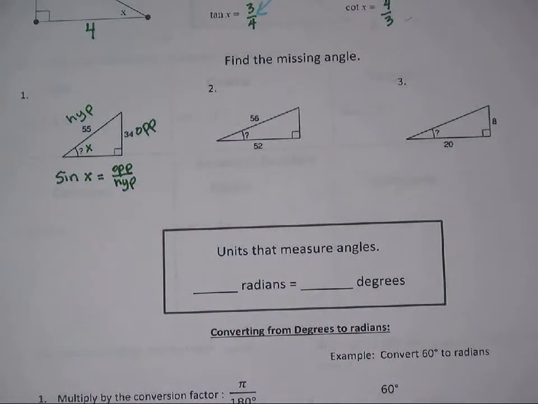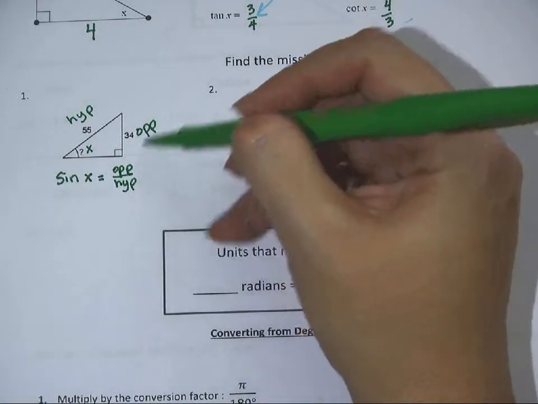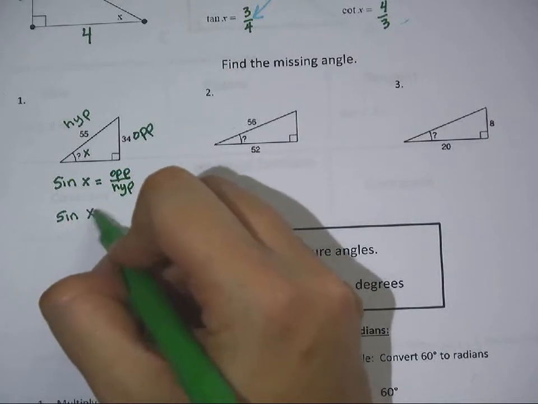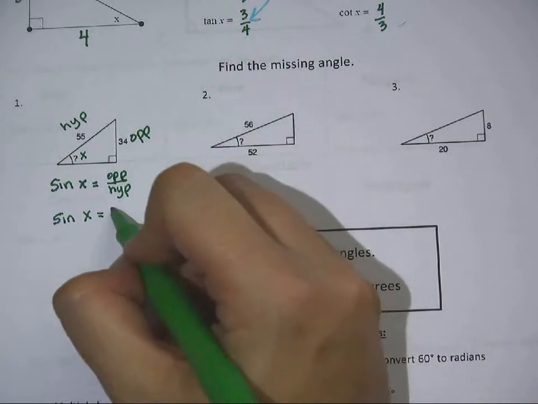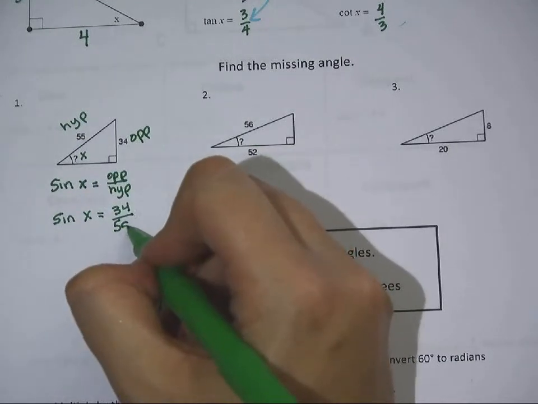I'm going to choose sine instead of cosecant because sine is on my calculator and my calculator doesn't do cosecant. So I have sine of x equals opposite, which is 34, over hypotenuse, which is 55.